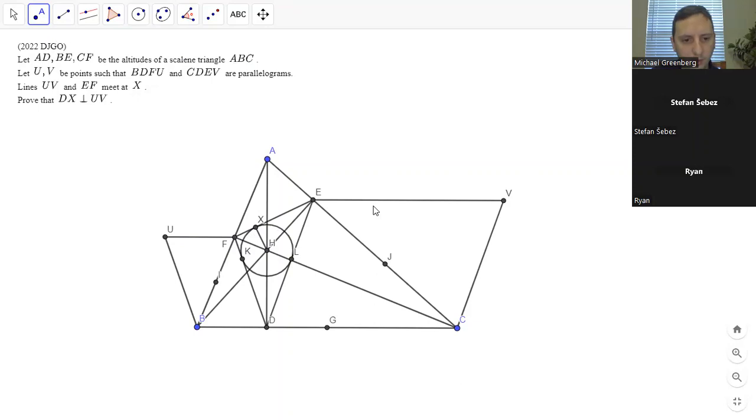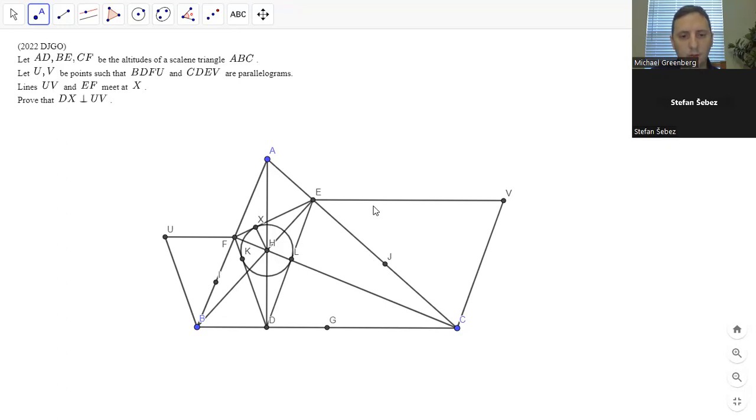And is that obvious? I'm not sure. That's also the same as saying that these triangles are similar. Delete the incircle. Why would those be perpendicular?